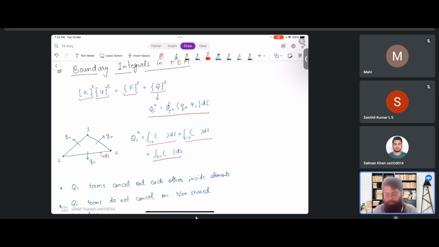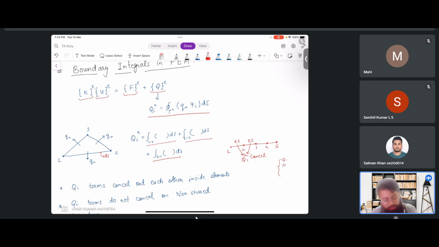One thing to note is that just like in the case of 1D FEM, if we calculate this q vector at node 2, the contributions coming from element 1 and element 2 for this q2 would cancel out, right? So ultimately, whatever q vector we get, we get some value for q1, and at 2 we'll get 0.